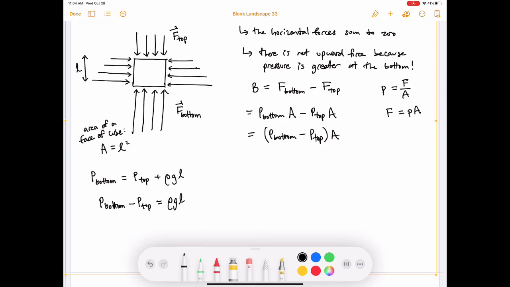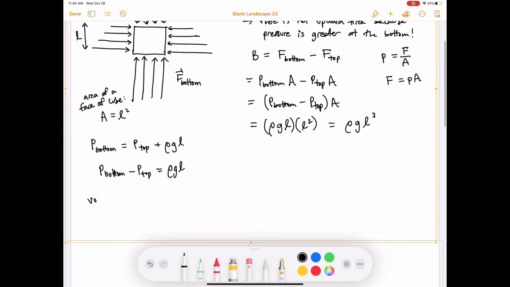So let's make the substitutions. P bottom minus P top is rho gL, and then A is L squared. So overall what we have is rho times g times L cubed. Okay, so the volume of the cube, let's put this over here. The volume of the cube, that's just L cubed.